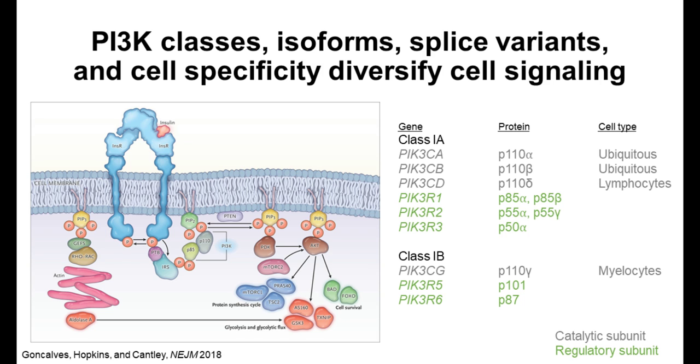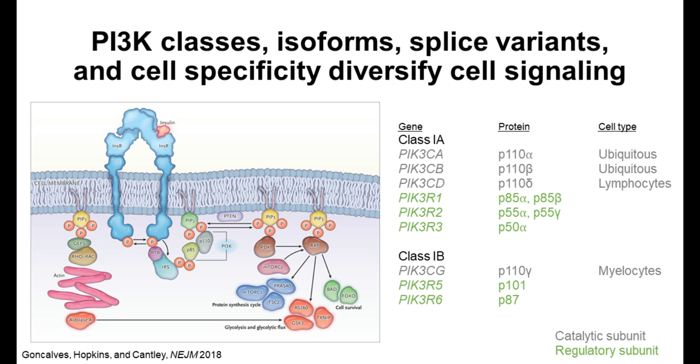What makes PI3 kinase signaling rather complicated is that there are a number of genes coding for different catalytic subunits, different regulatory subunits, and also there is a cell specificity with many of these proteins. There are 4 different isoforms of PIK3CA, alpha, beta, gamma, and delta. There are also multiple isoforms and splice variants of PIK3R1, the majority of which are poorly understood.